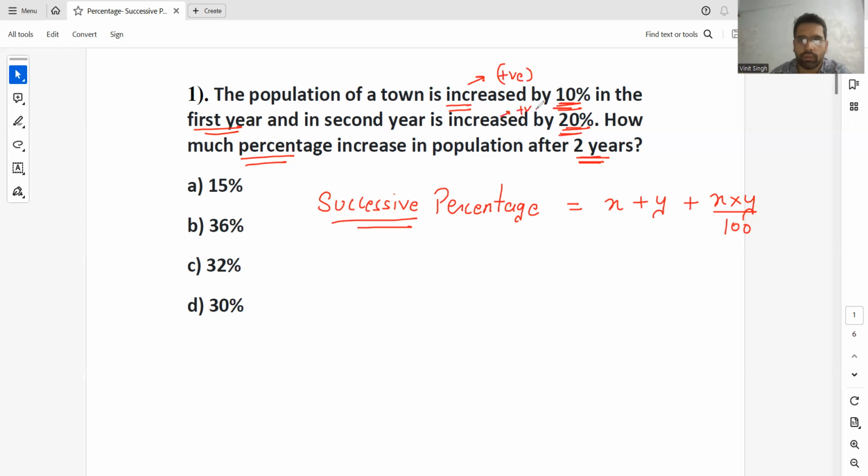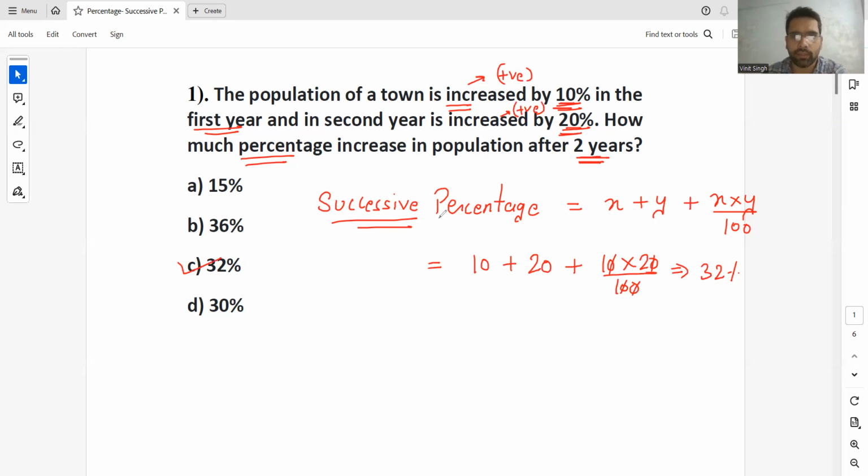First year, it increases 10%, we will write 10 plus. In the second year, it increases 20%, so 20 plus 10 into 20 upon 100, which is equal to 32%. After 2 years, the total population increase in percentage is 32%.